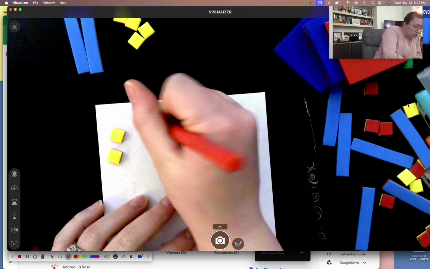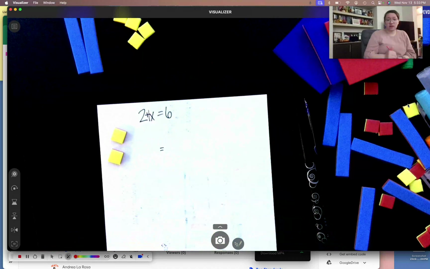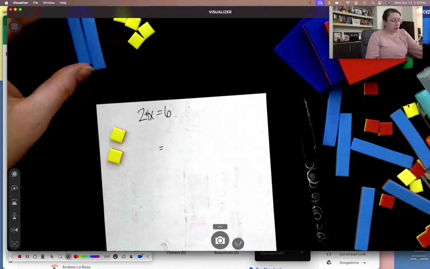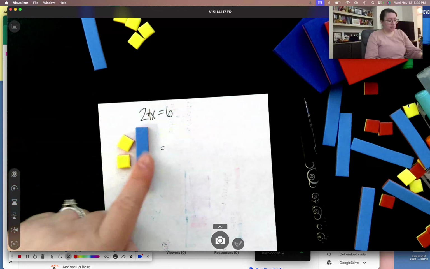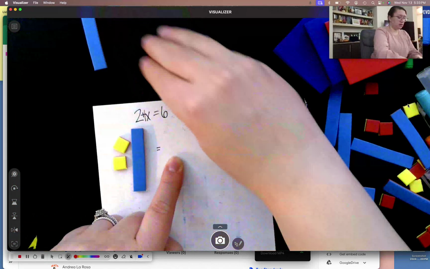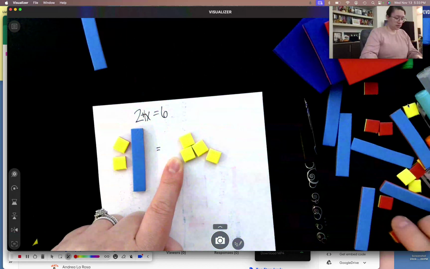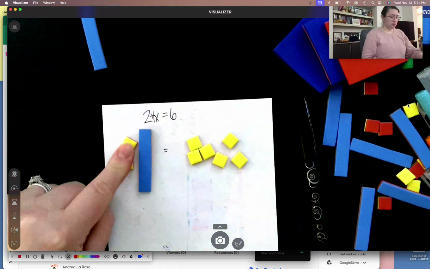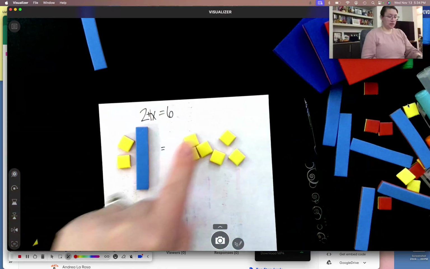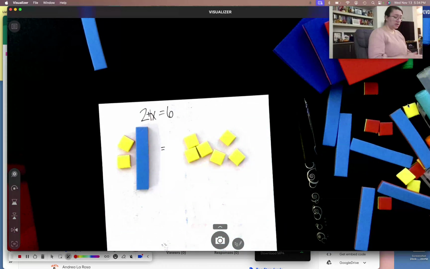There's an invisible 1 out front if it's not written there. We only want 1 of these x pieces now. So now we have 2 plus 1x equals, and now we need 6 on this side. So this is now 2 plus x equals 6. Yay.